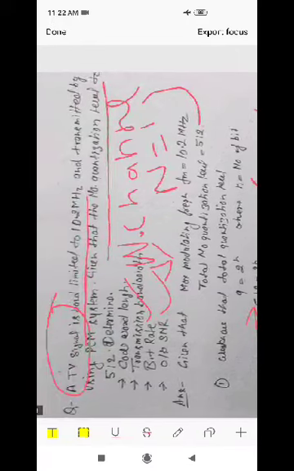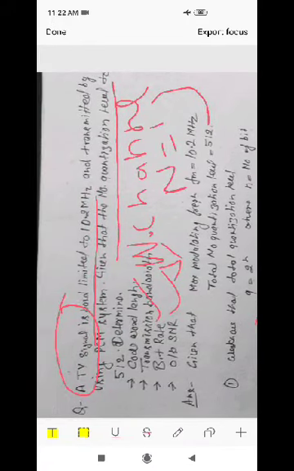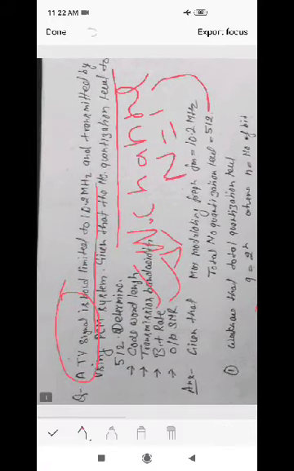All the parameters are calculated. In the previous year AKTU exam, the same question was asked.